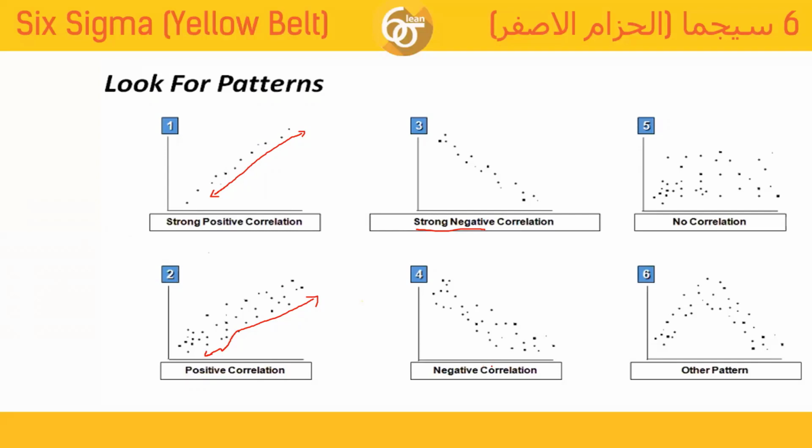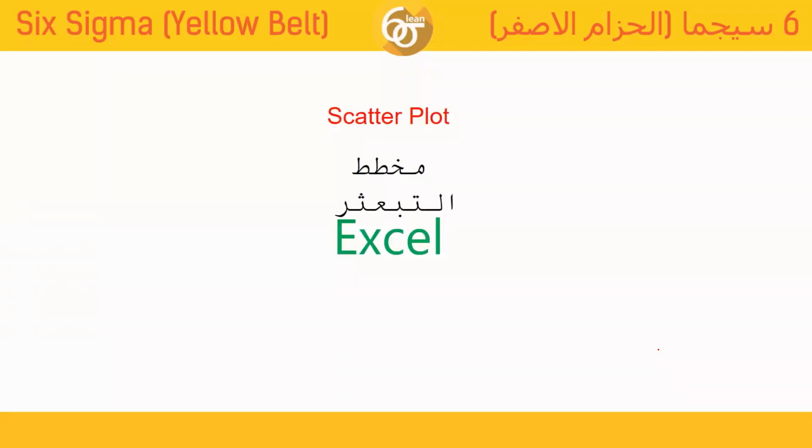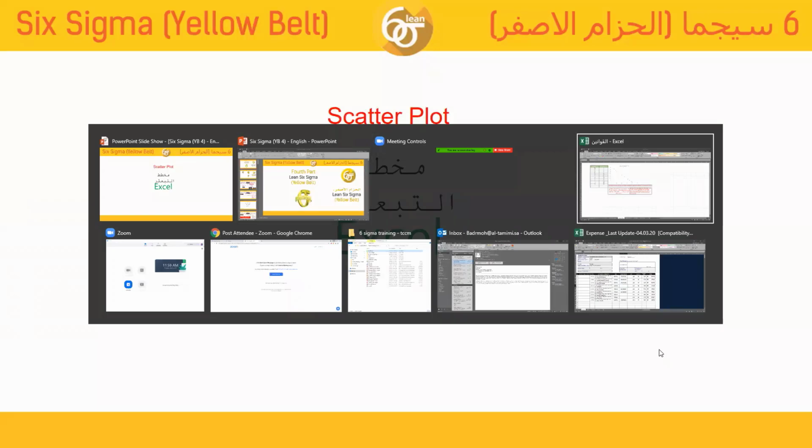In the same way, from right to left, but with many variations, we call it a negative correlation. There is no correlation with this one, the data is here and here and here, so there is no correlation between the X and Y. This is another type of scatter plot.